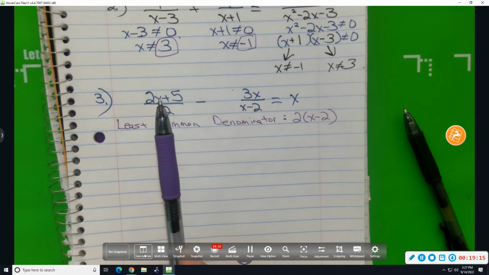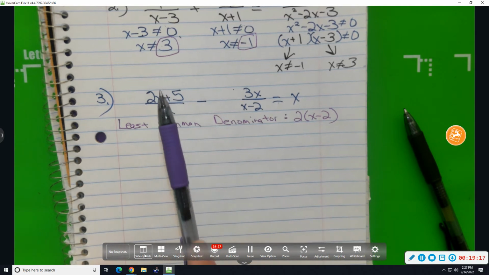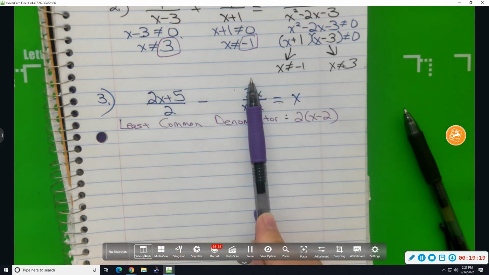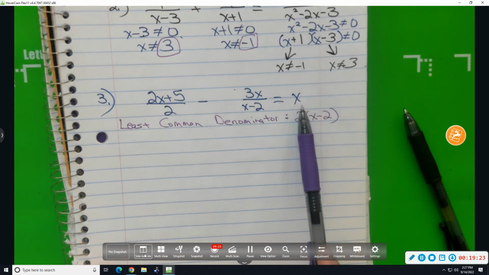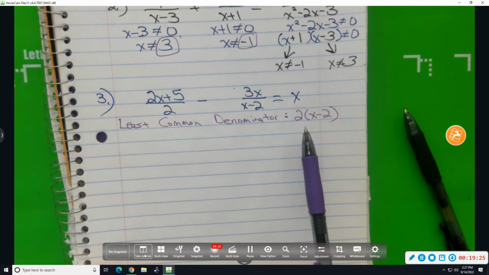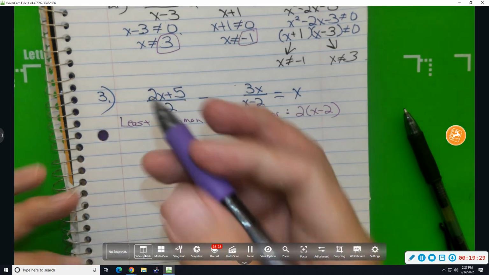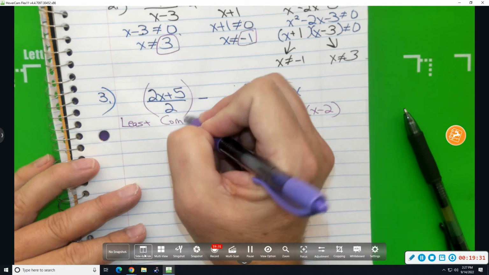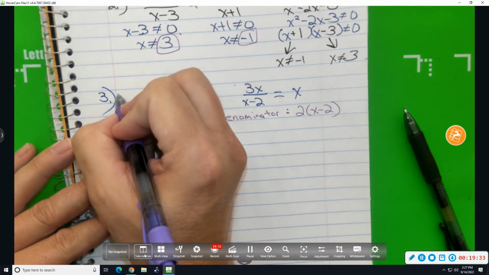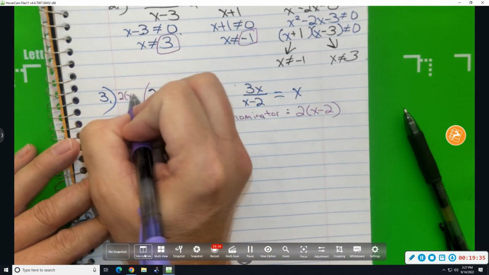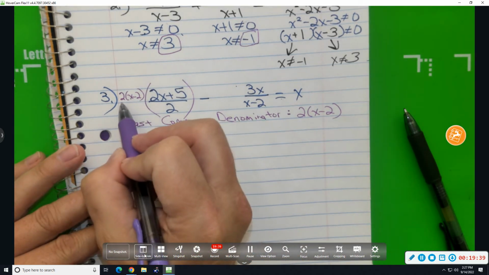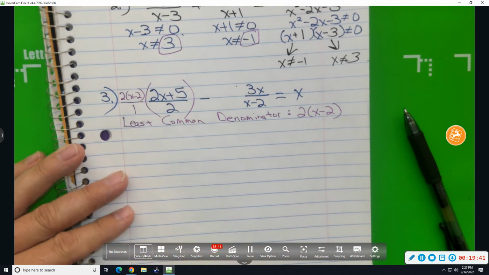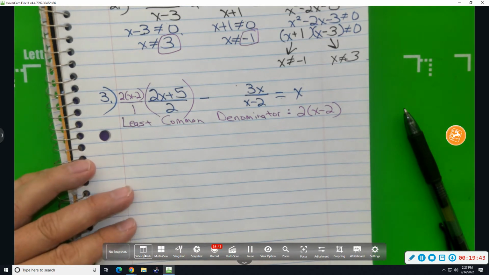We're going to have to distribute. That means every term, the first fraction, the second fraction, and then when we move over here, just the x, also has to be multiplied by 2 times x minus 2. So this might get a little messy. We're going to multiply the first fraction by 2 times x minus 2. There's no denominator, but it might look better if we put it over 1.